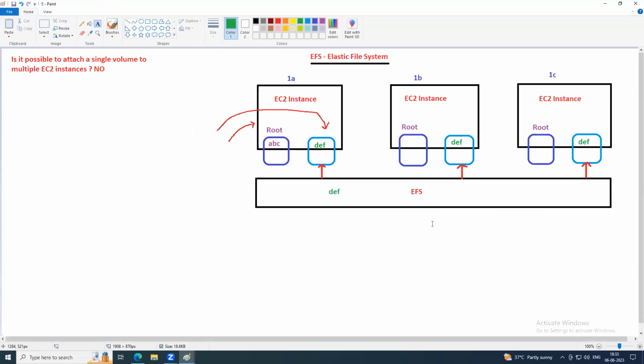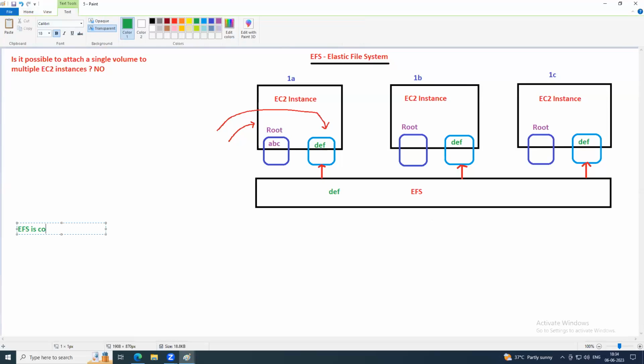So how many EC2 instances can you mount for one EFS? Thousands. Thousands of instances you can mount for a single EFS. And this EFS is completely managed by AWS.